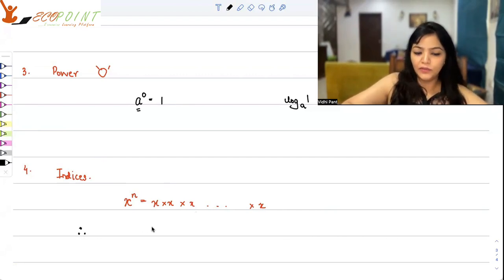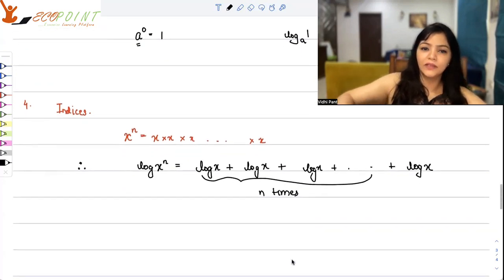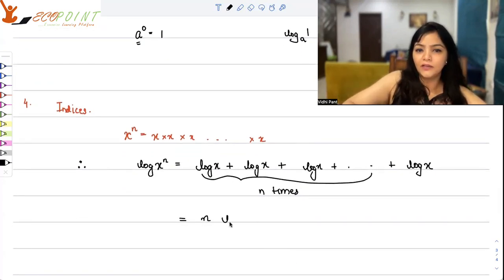Therefore, if you take log, you're talking about the logarithm of x to the power n, which by the first law of multiplication is equal to log of x plus log of x plus log of x plus so on and so forth, log of x. How many times are you adding log x? You're adding it n times because you were multiplying n times. So therefore, this becomes n times log of x. Okay?